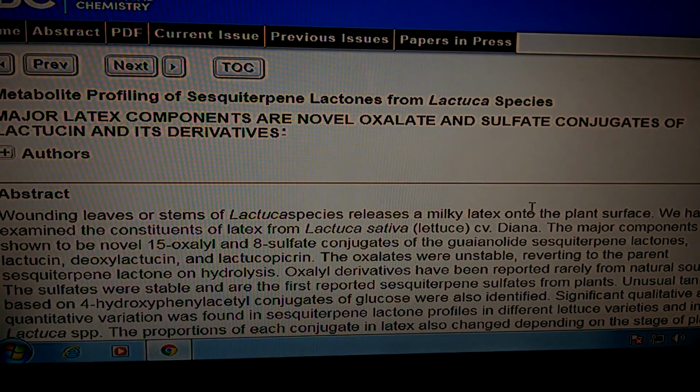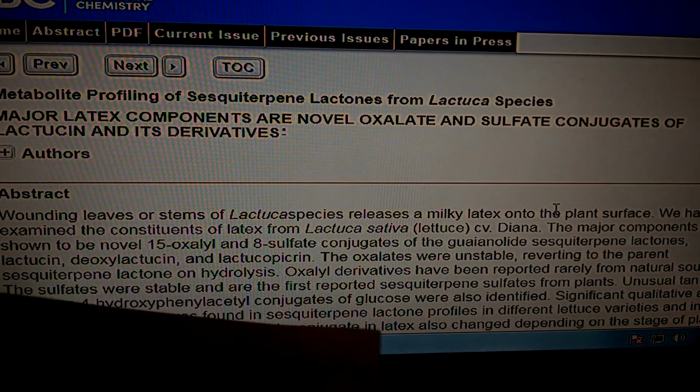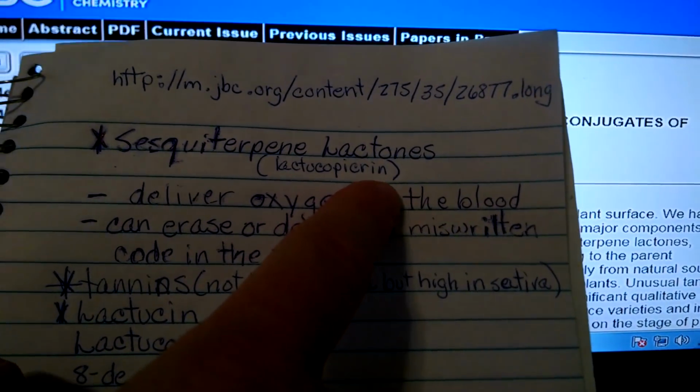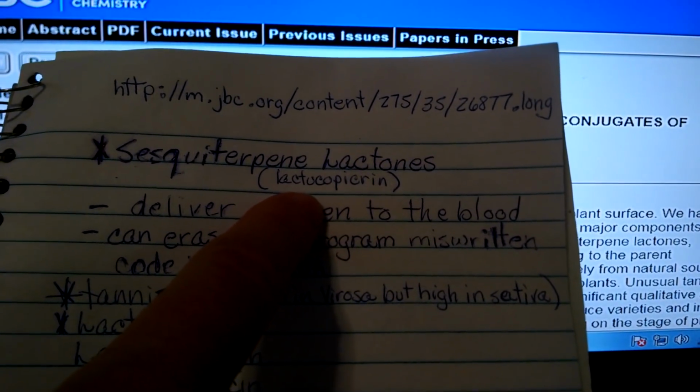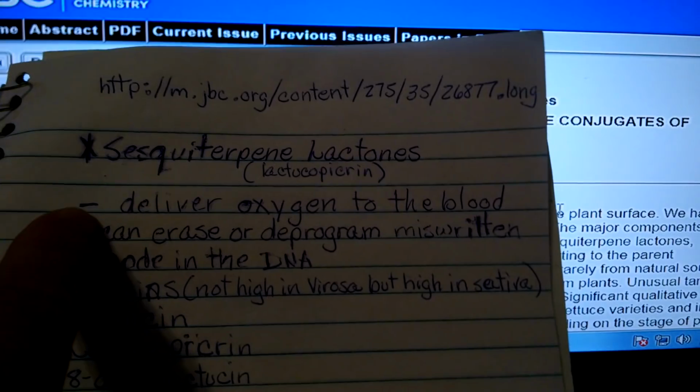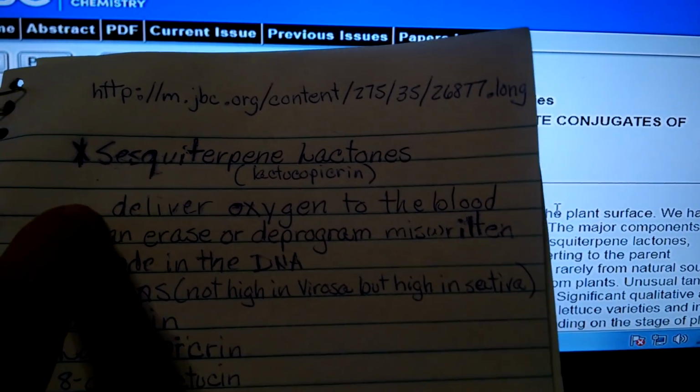This chemical study from the Journal of Biological Chemistry. So, this is our introduction to the chemistry of the plant and things that we are learning. What I'm planning on doing with this is making short 3 to 4 minute videos where I simply write down something like, here's the sesquiterpene lactones, here is the variety of that in the lactucas, and here is what that does to our bodies.